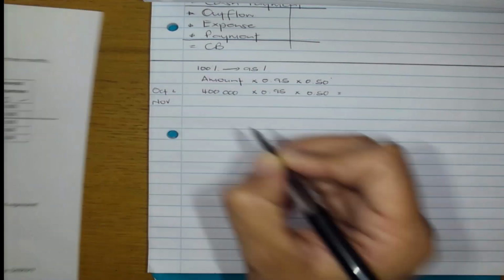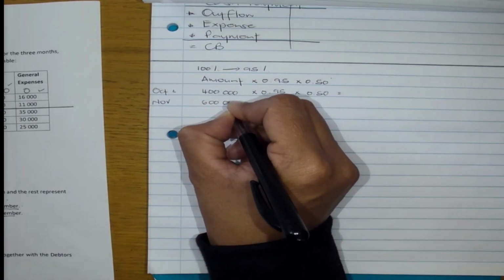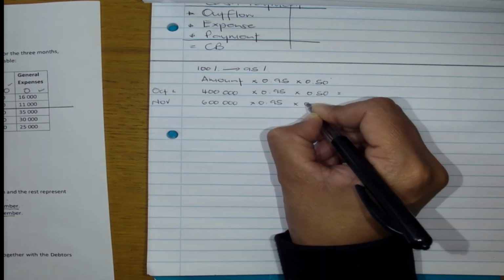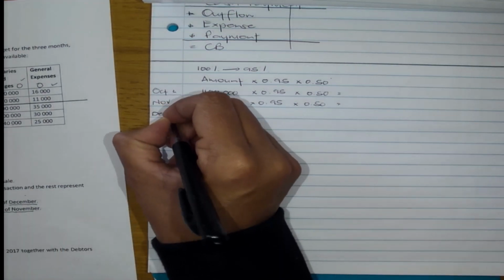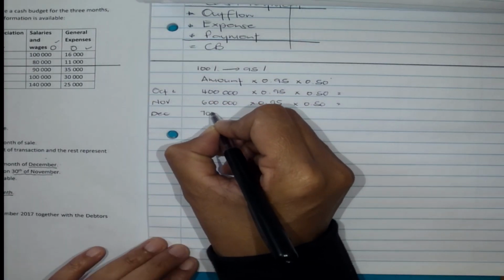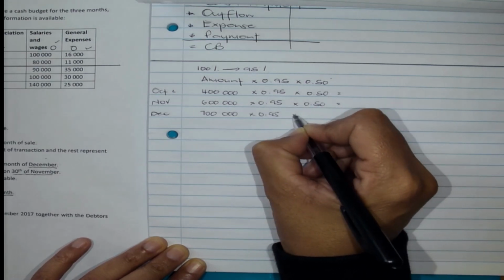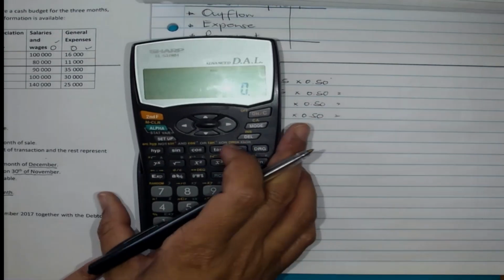November, we do exactly the same thing: 600, multiply by 0.95, multiply by 0.50. And then December, it is 700, multiply by 0.95, multiply by 0.50. That will give us our answer that they should pay.